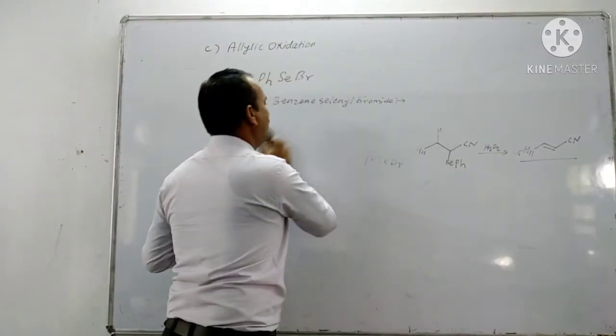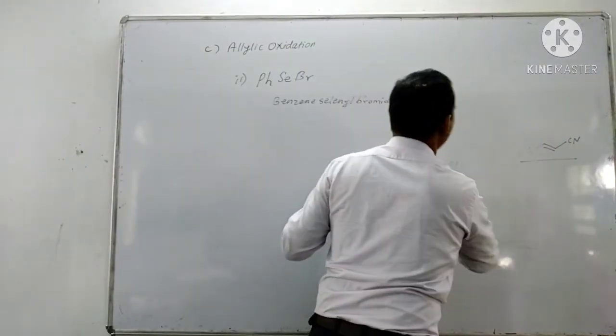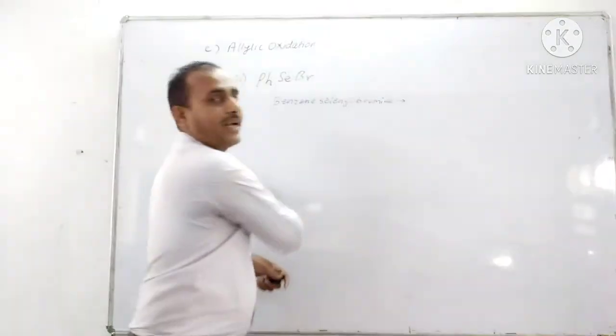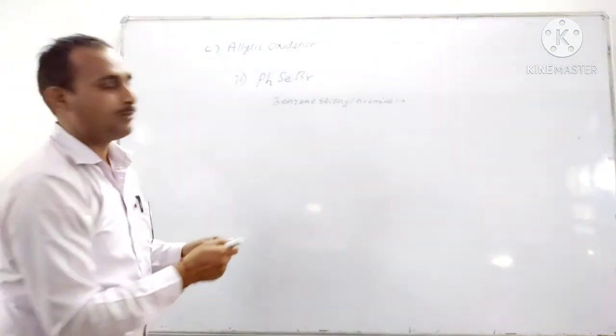Okay, addition to the alkene. Next, this benzene selenyl bromide undergoes addition to the carbon-carbon double bond.